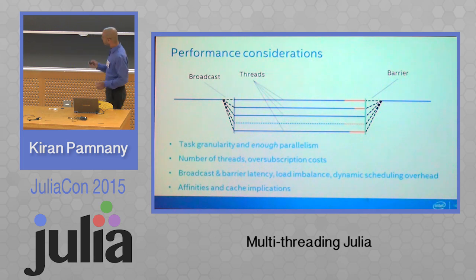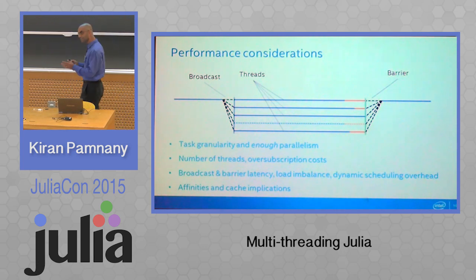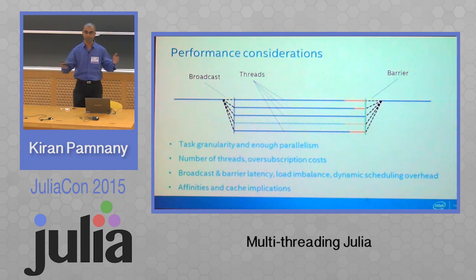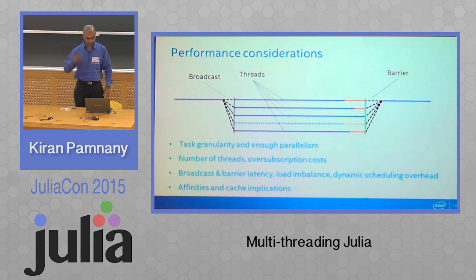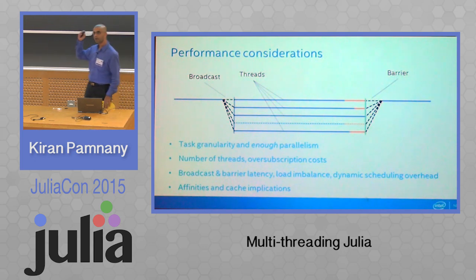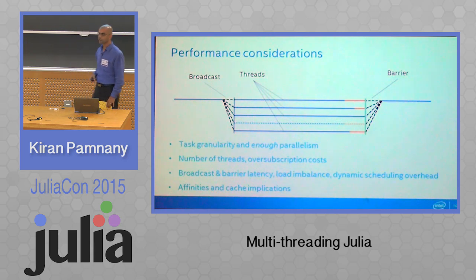Failing that, when I'm talking about broadcasts and barriers and saying that this is actually relevant in terms of overall application performance, it's because they happen so frequently. Well, if you have some threads sleeping and all those threads have to wake up, the kernel has to context switch over to wake them up before they can start doing their parts, then not a whole lot is going to get done. So how do you multiplex stuff on top of a limited number of threads, especially when you're nesting parallelism? But I'll talk about that later.